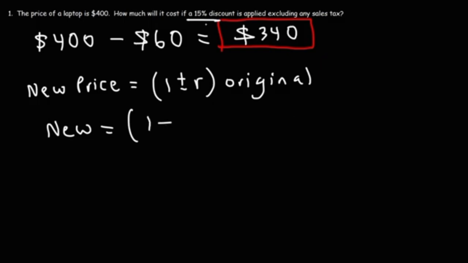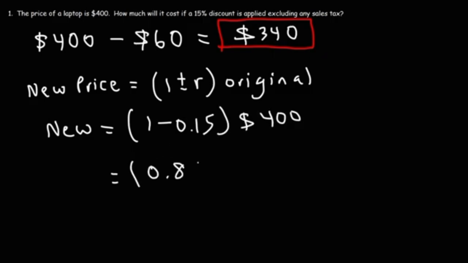R is 15%, but as a decimal. So that's 0.15 times the original price, which is 400. 1 minus 0.15 is 0.85. So if we multiply 0.85 by 400, this will give us the same final answer, which is $340.